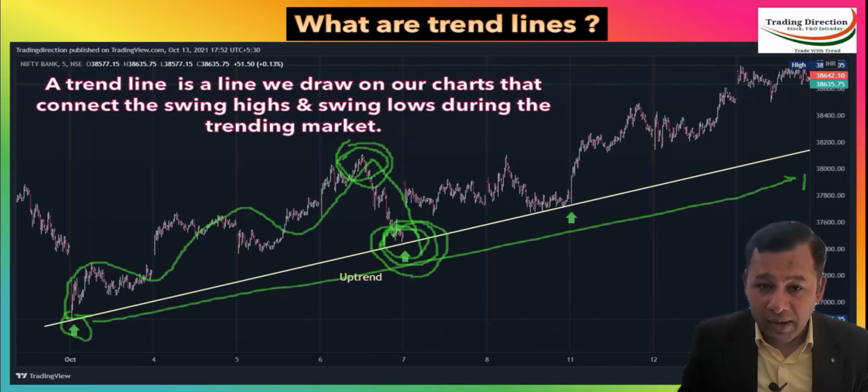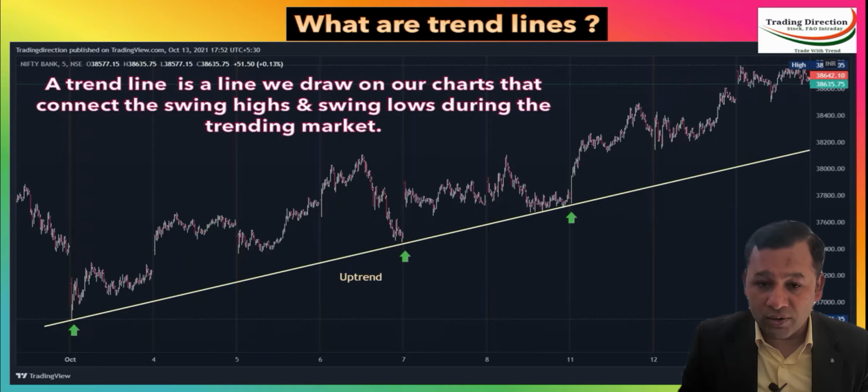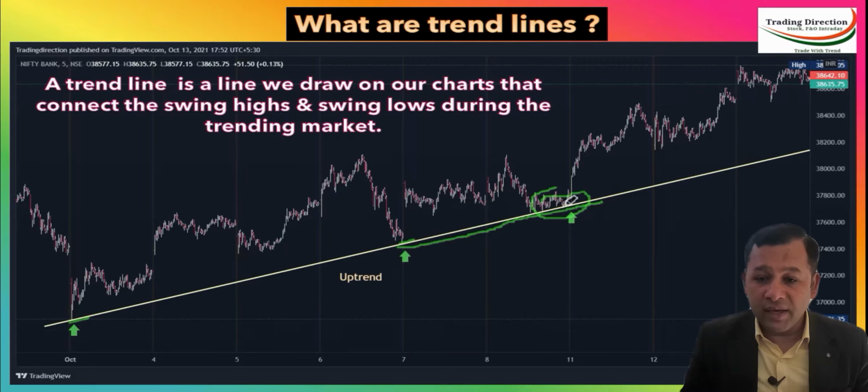The uptrend line is drawn by connecting two swing lows, and the extension of this line will act as support. This is the magic. Here you can either plan for a long entry, or if you are short in this position, you can book your profit.